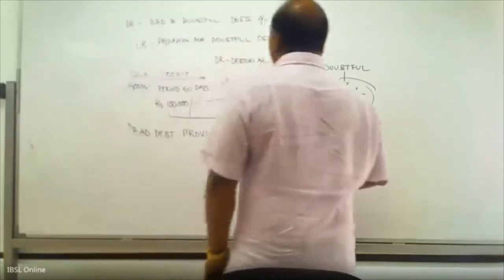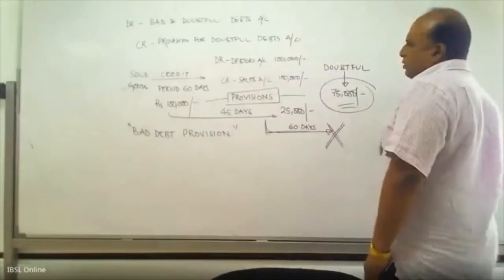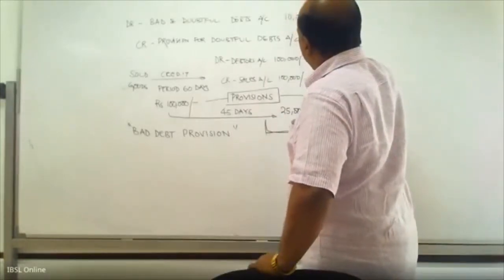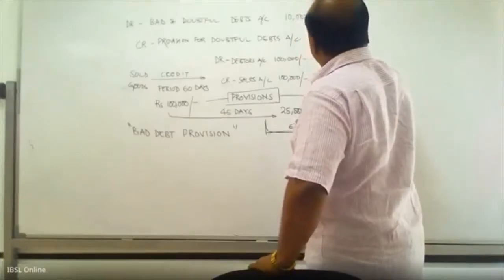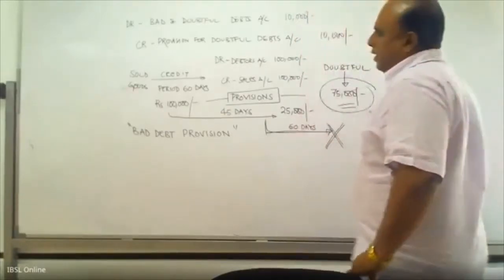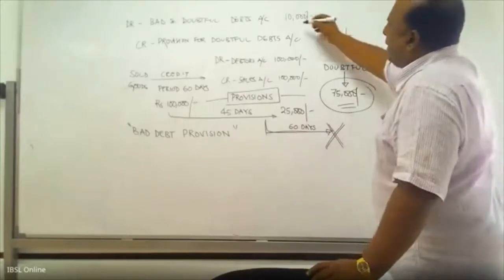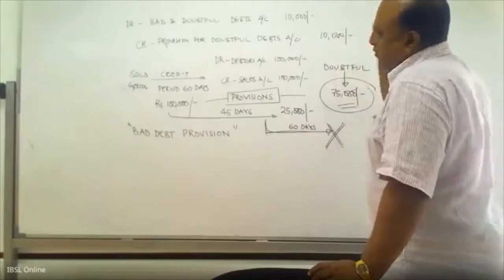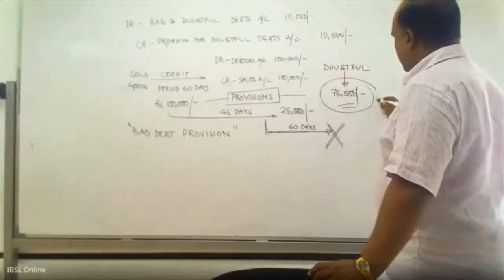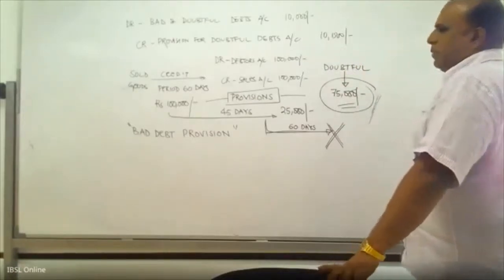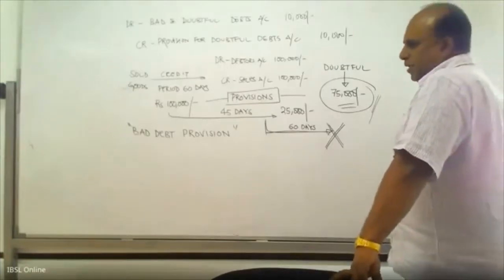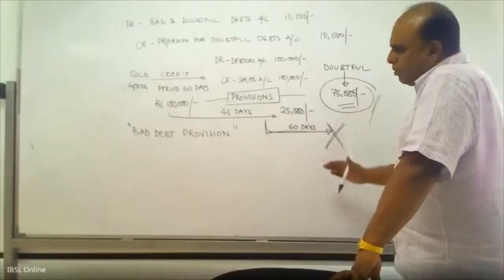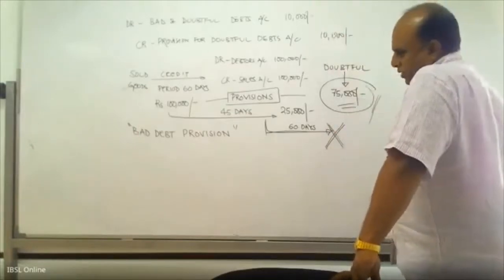You need not provide 75,000 immediately. I can start with 10,000. In a month's time, I will increase it to 20. If the customer still doesn't pay, 30, 40, likewise, you have to start making provisions up to 75,000. In case in between the customer comes and pays you something, you discount that and reduce your provision.